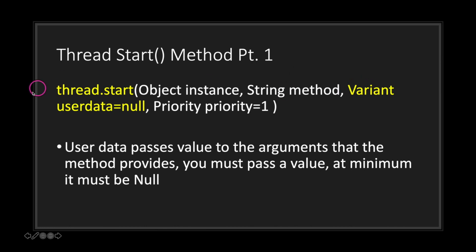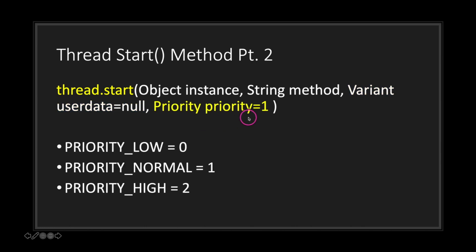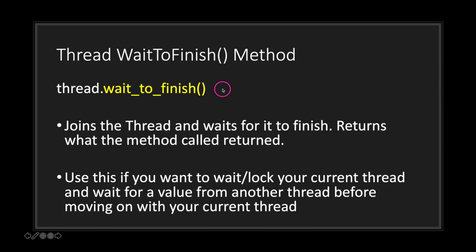And the third argument in your start method must pass a value, and it will pass the null value at minimum. Now lastly is the priority. By default, we will be passing the normal priority. However, you can pass in 0, 1, or 2 to let the system know that your thread is either low, normal, or high.